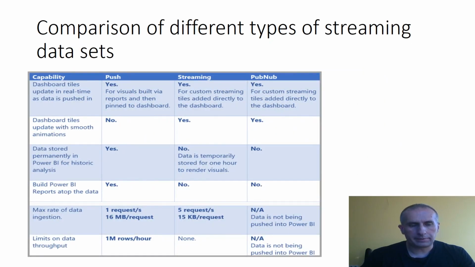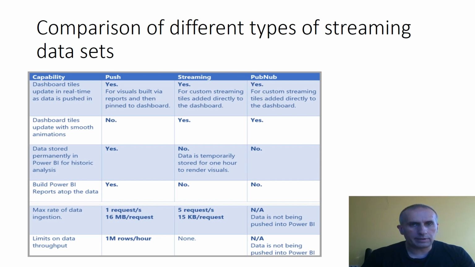You can see on the current slide a comparison between different types of datasets, and you can see that when we have PubNub, it is not possible to control the settings. When we have push datasets, we have some limitations about the data and throughput.